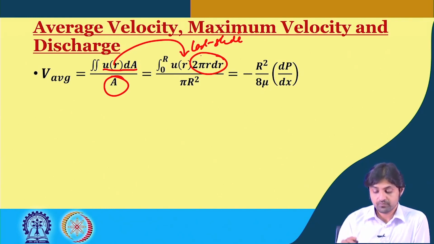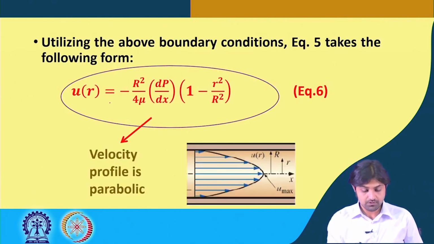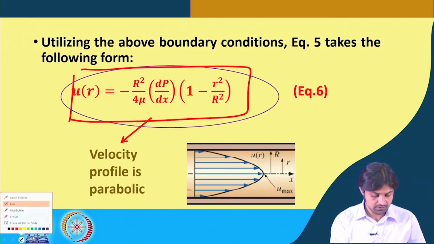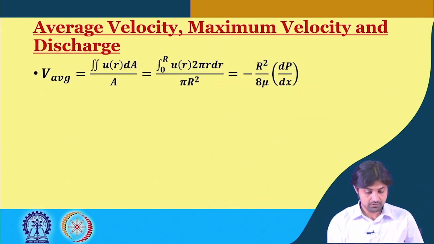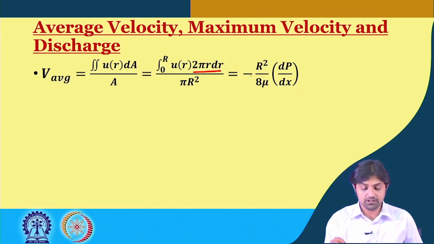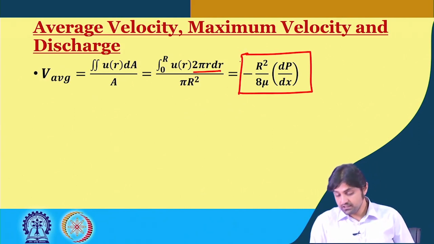Correct. So, if you put u_r is equal to this, and area is 2 pi r dr, then you are going to obtain the average velocity as minus R square by 8 mu multiplied by dp dx.